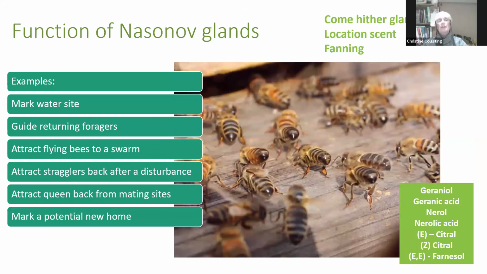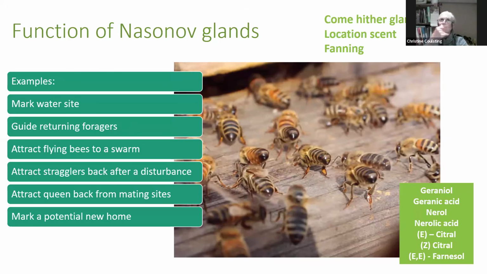Onto the Nasonov glands. When I see the Nasonov gland, it always reminds me of Concorde, the nose of Concorde tipping down. And it's the last segment that tips down, and the gland is situated underneath that overlap. So it's underneath T6. And it's quite a cocktail, as you can see on the right-hand side.